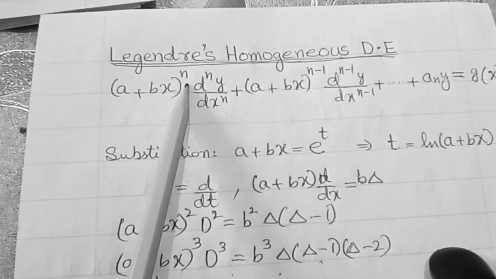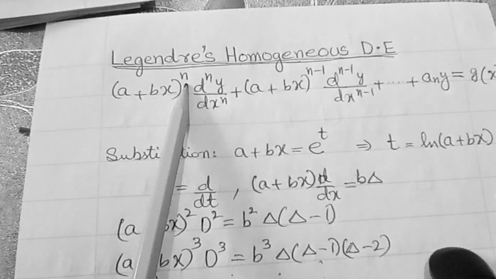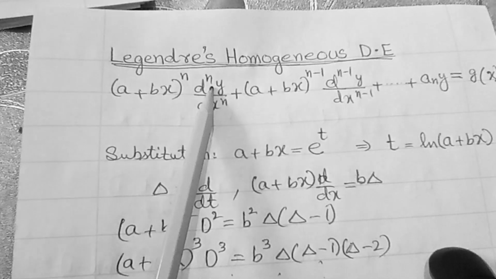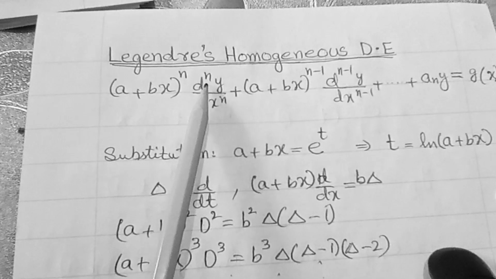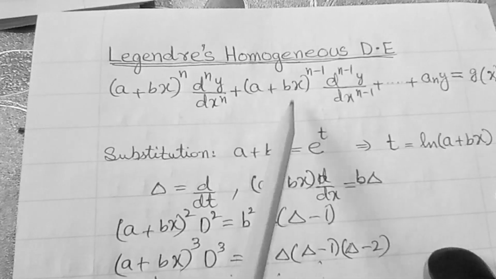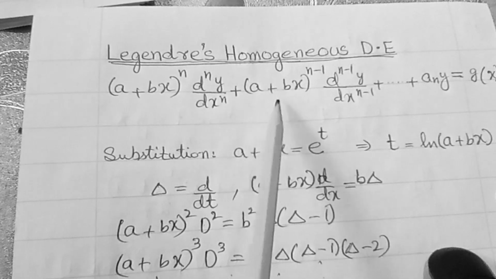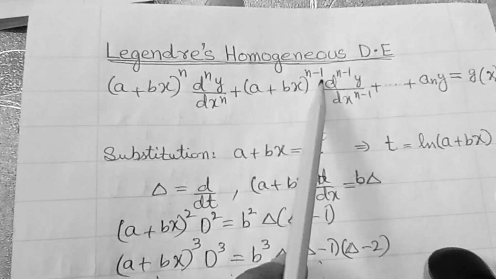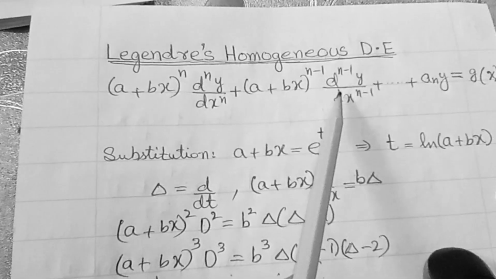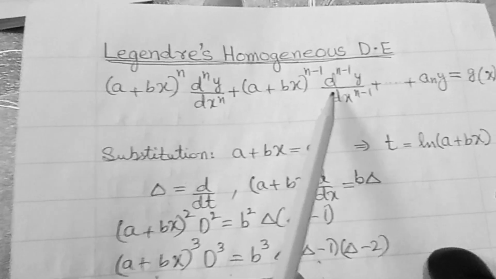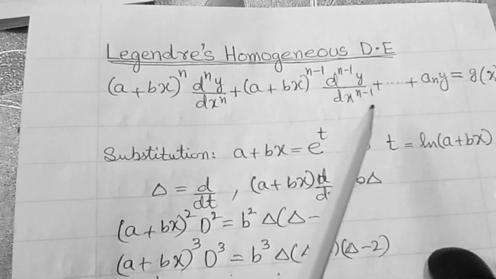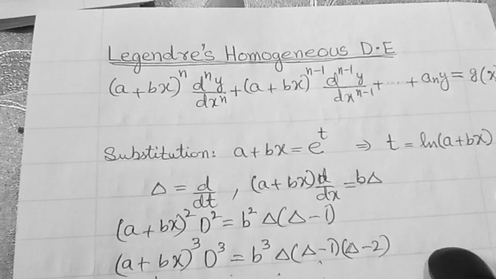So when we have a polynomial of order n, we must have a differential of similar order with that. Similarly, the next term is this. Look at this. The next term is also a plus bx whole power n minus 1, and we also have a similar order of differential with that.